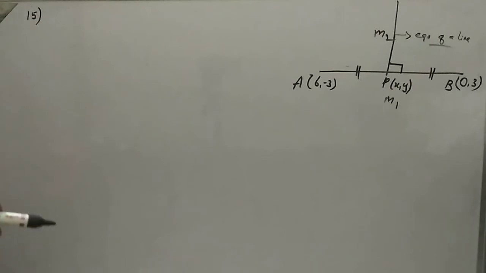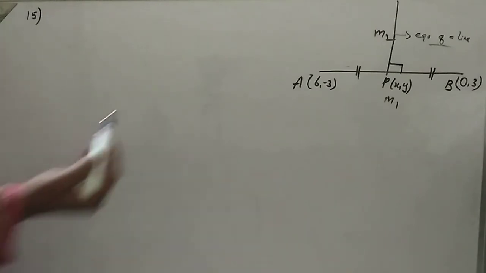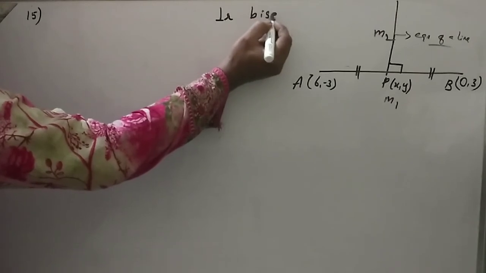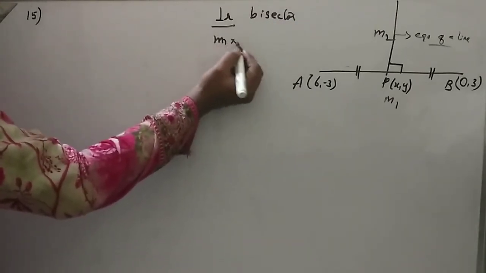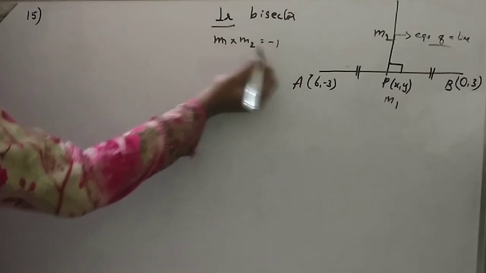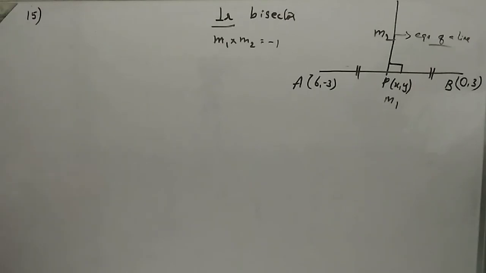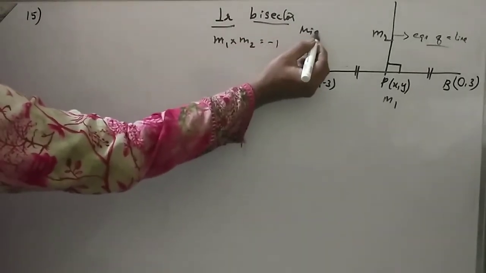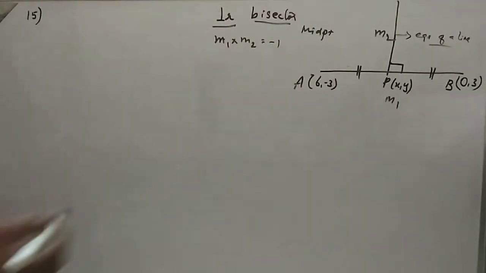15th question. Find the equation of a perpendicular bisector of AB. Okay. So, given a perpendicular bisector. Perpendicular means m1 into m2 is equal to minus 1. That condition we have to apply. And bisector means midpoint.